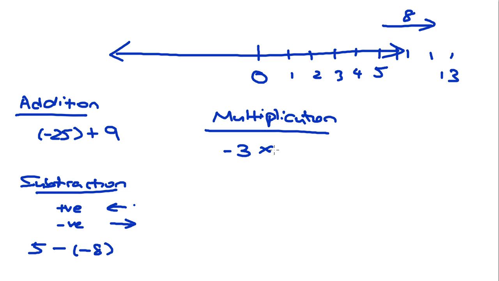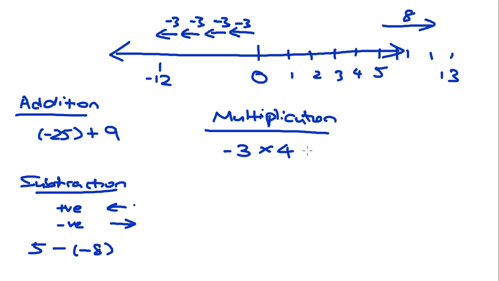Let's take minus 3 multiplied by 4. Minus 3 is moving to the left by 3 spots, and multiply by 4 means you do it 4 times. So you go minus 3 four times: minus 3, minus 3, minus 3, minus 3, which gives you minus 12.